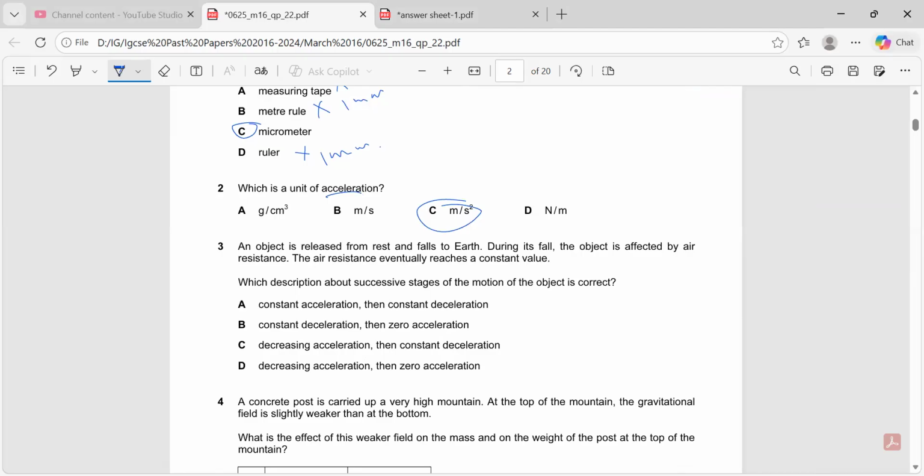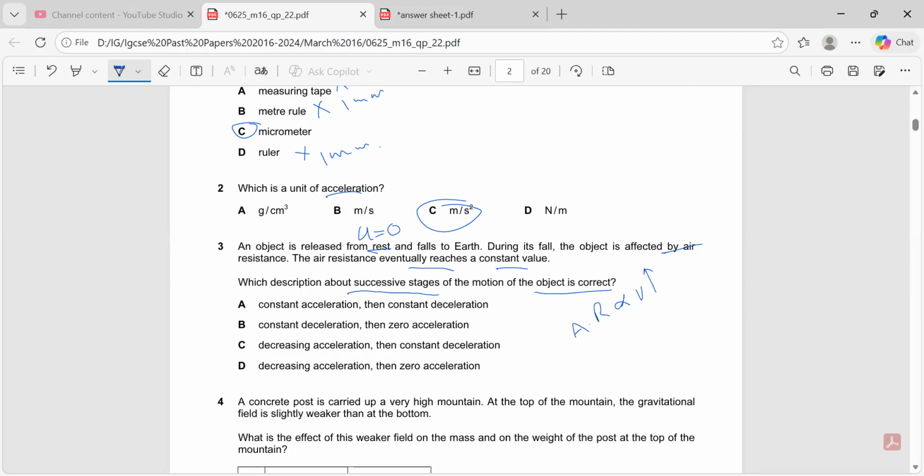Question number three. An object is released from rest and falls to earth. Release from rest, it means its initial velocity is 0. During its fall, the object is affected by air resistance. The air resistance eventually reaches the constant value. Which description about successive stages of the motion of the object is correct? We know air resistance is proportional to speed.